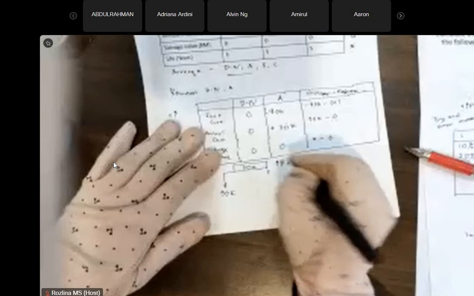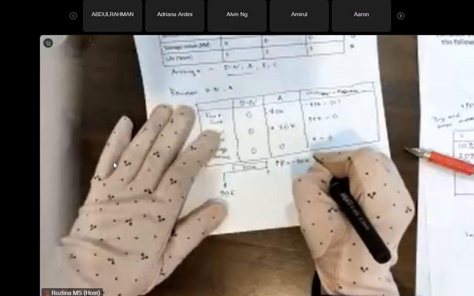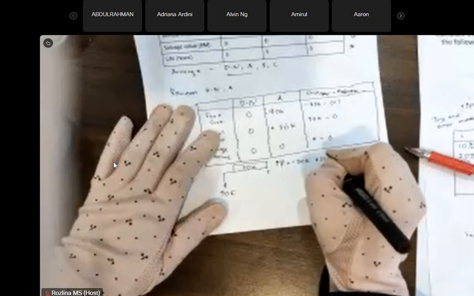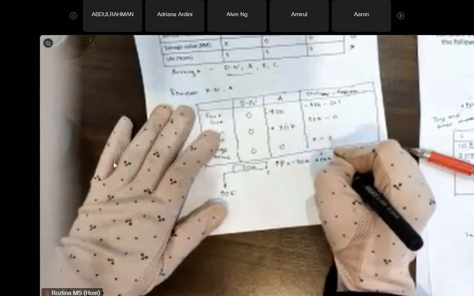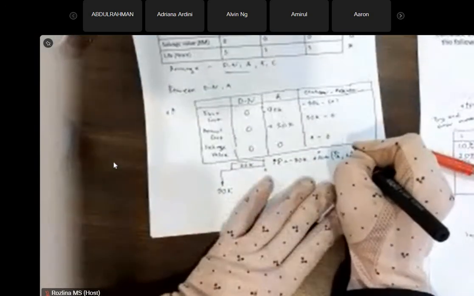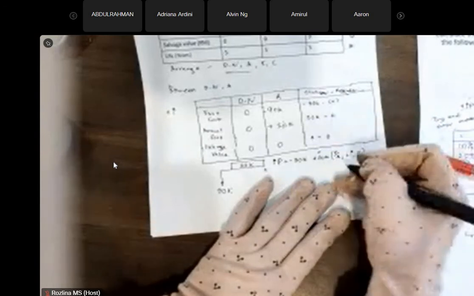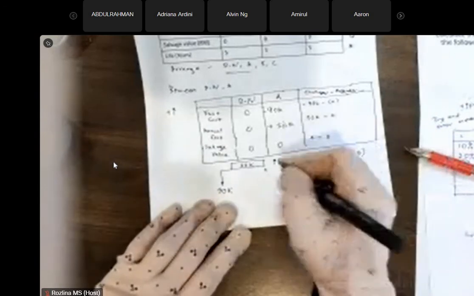Positive P equals 90k plus 30, this one is A. So P over A, I, 5.